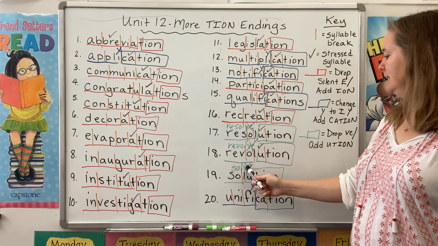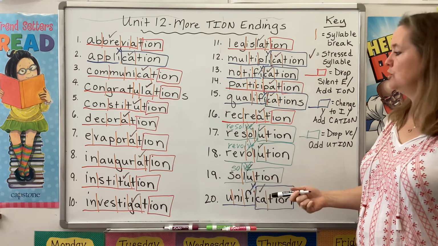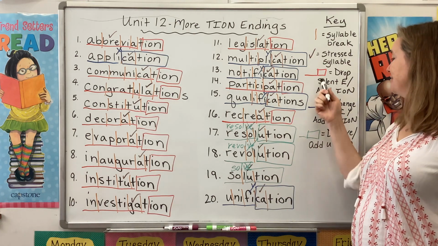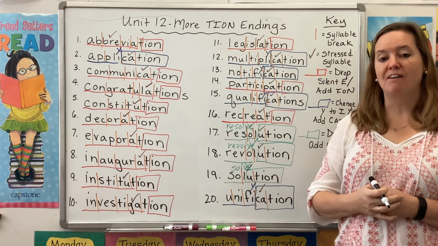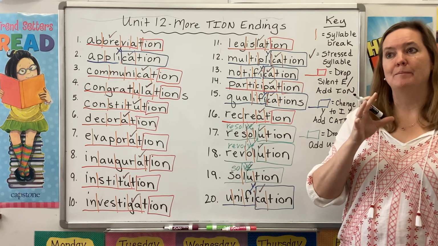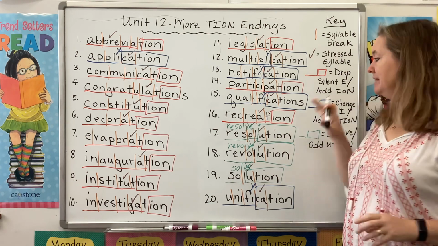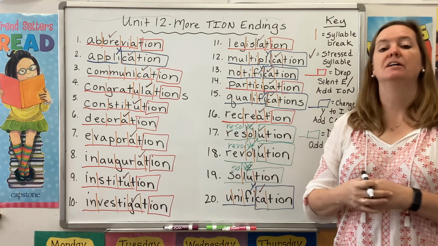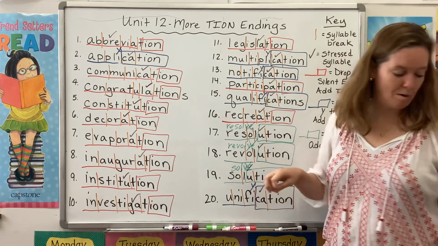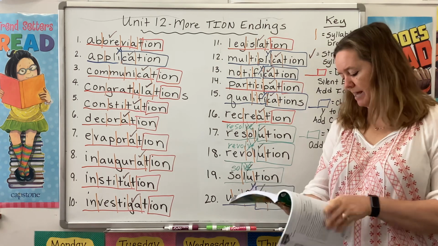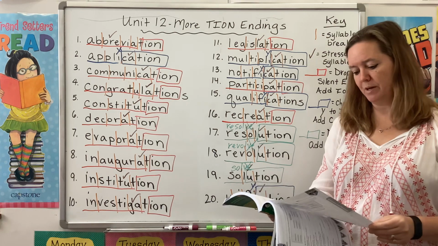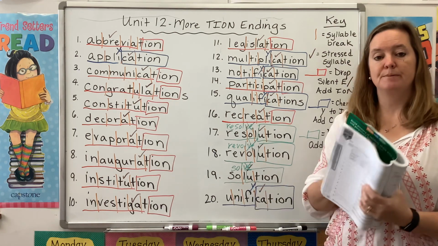Drop the VE and add ushin. Okay, so those are 3 different suffix rules we're following this week. Depending on what the verb ends with, these are the steps we have to follow to turn it into a noun.